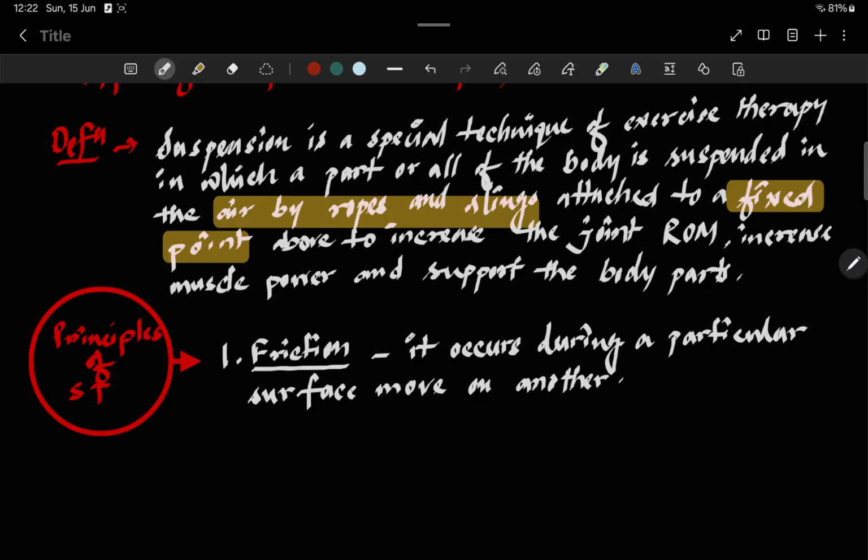Friction principle works when a particular surface moves on another.